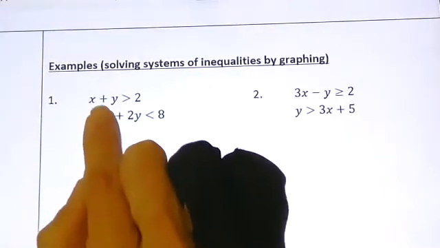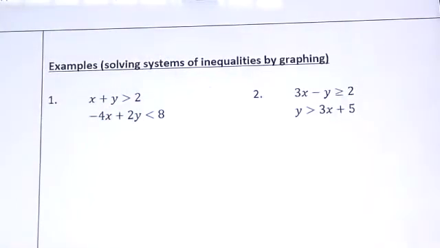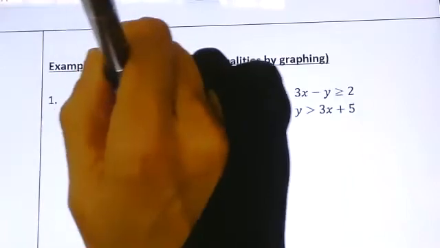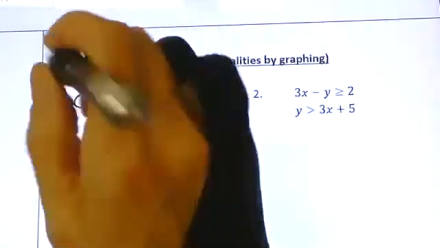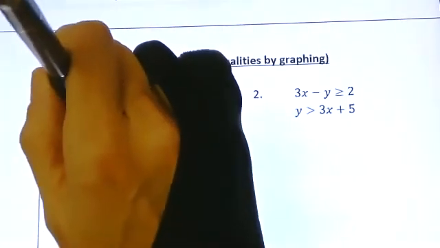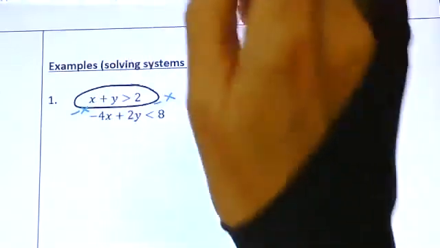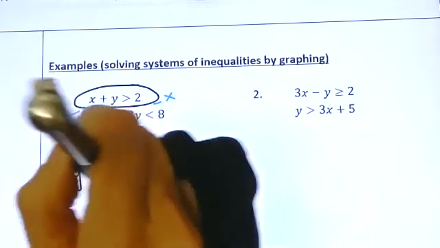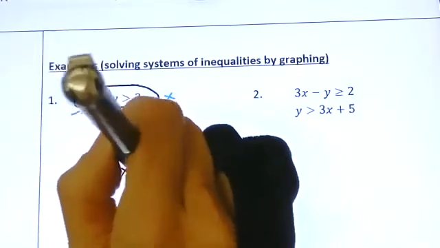So our first one, x plus y is greater than 2. So if x plus y is greater than 2, I can't graph this, or at least not very easily, with the x over there. So I'm going to subtract x from both sides, and that's going to give me y is greater than negative x plus 2.